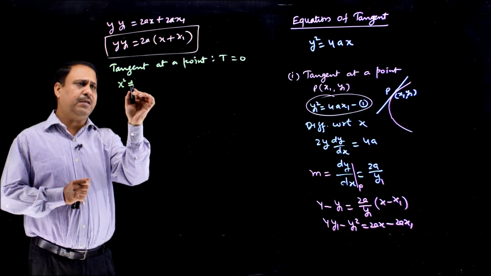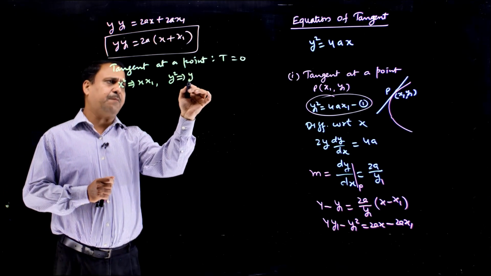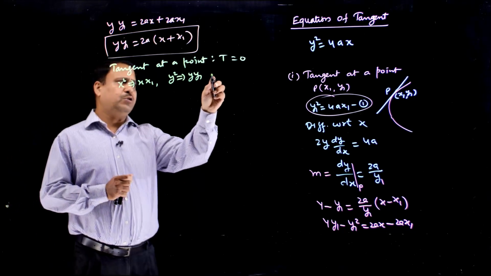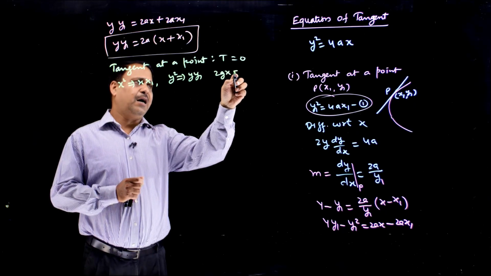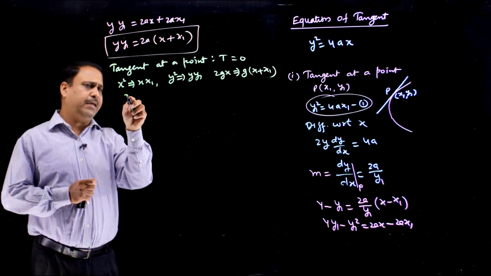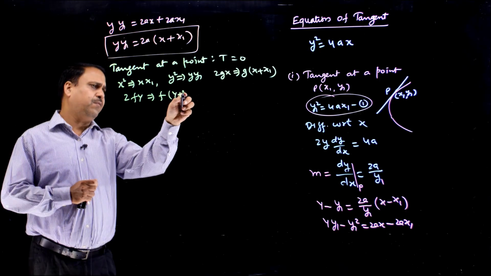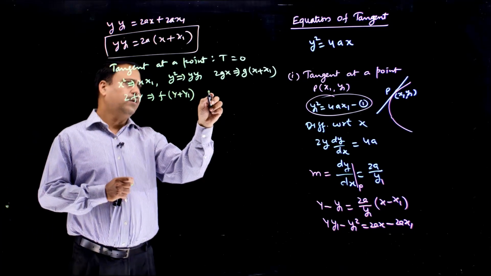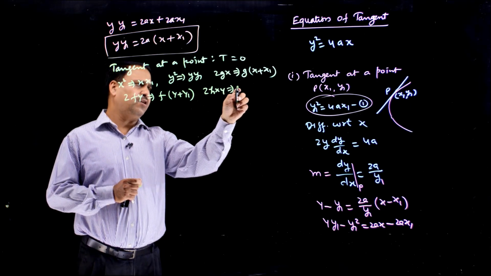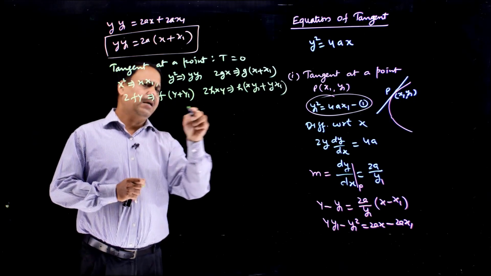Replace x square with x x1, y square with y y1 if they are present. 2gx or 2fy, whatever is there: 2gx with half of the coefficient of x, g, x plus x1; 2fy with f, half of the coefficient of y, y plus y1; 2hxy with half of the coefficient of xy, h, x y1 plus y x1; and c remains c.